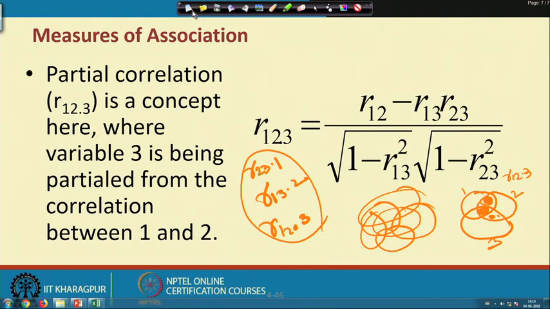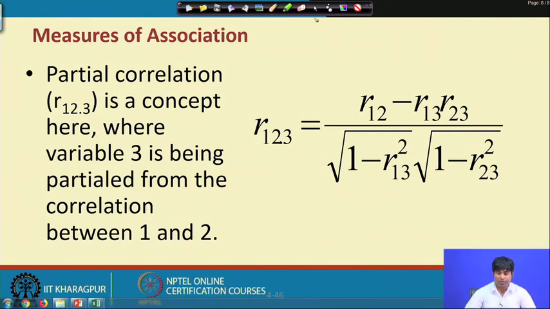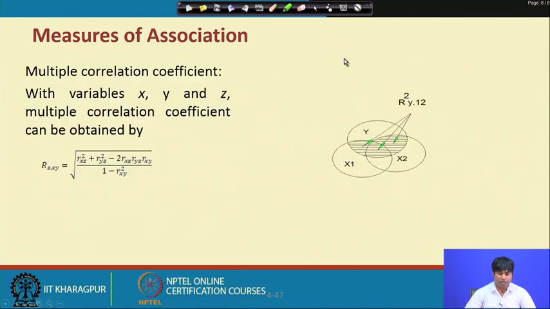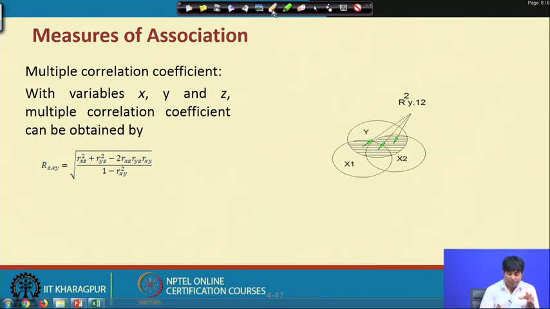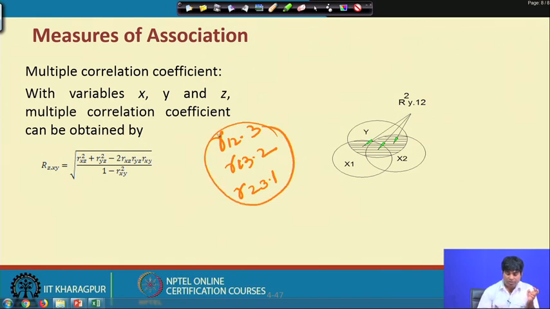So ultimately, this is called the partial correlation coefficient, and likewise this is the multiple correlation coefficient. Let me once again highlight here. For three variables, the partial correlations will be R1 2.3, R1 3.2, then R2 3.1, and these are all partial correlation coefficients with respect to three variables: variable 1, variable 2, and variable 3.